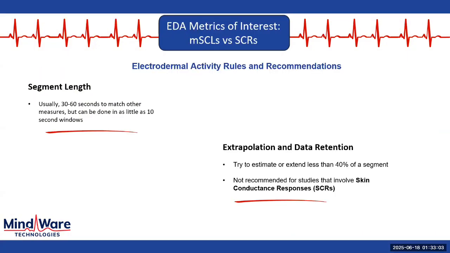Okay, and just a couple rules here. So for those of you that have attended these previous webinars or are somewhat familiar with the different rules and recommendations we have, there's quite a few for the heart rate variability. There's a little bit less for impedance, and there's even less for skin conductance.